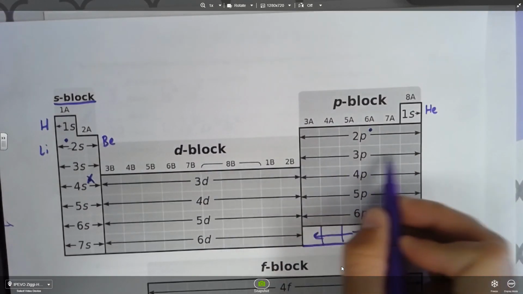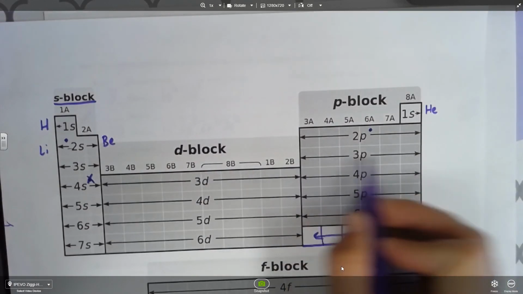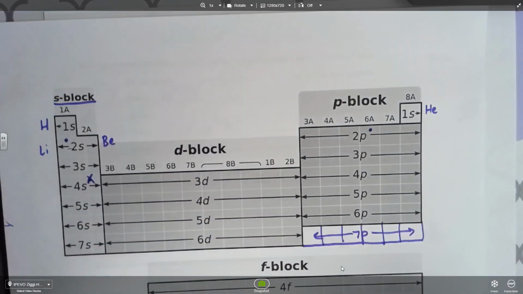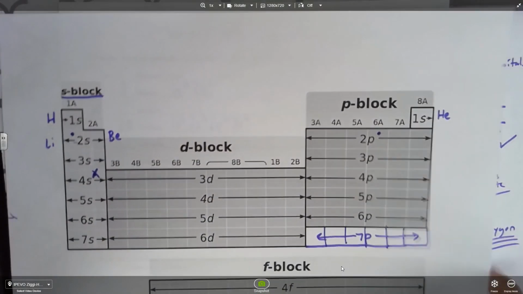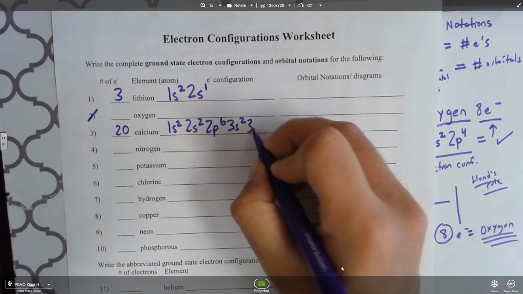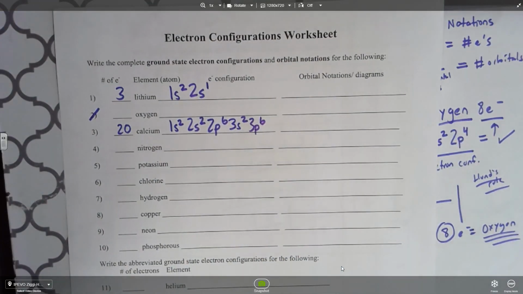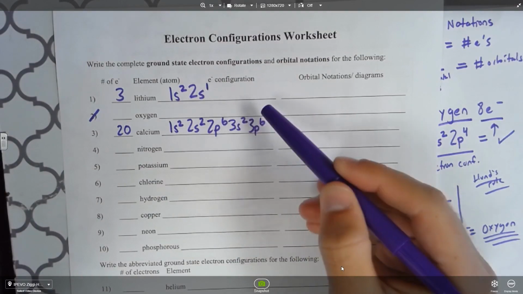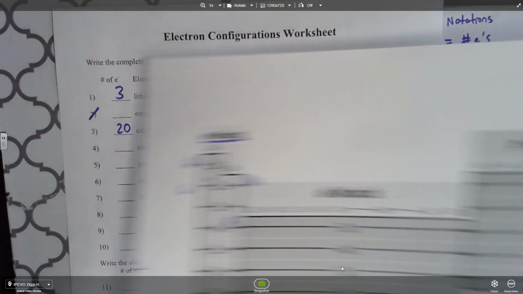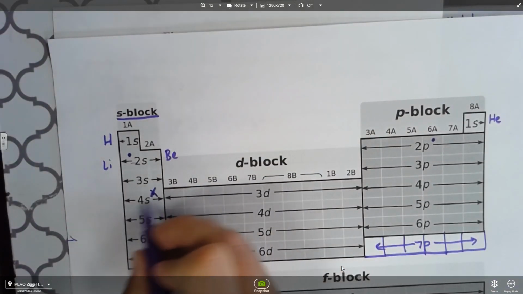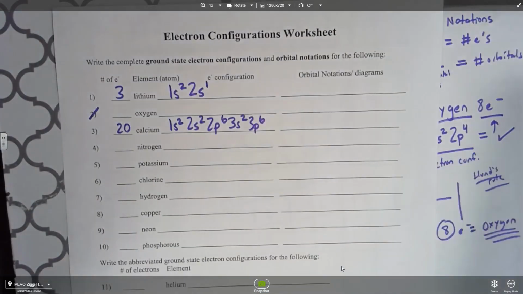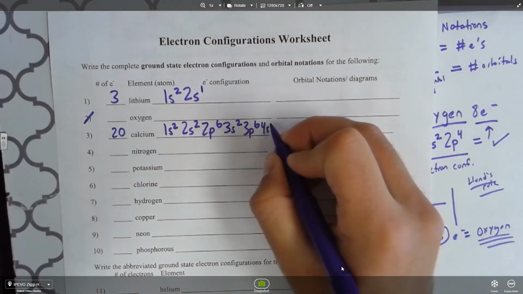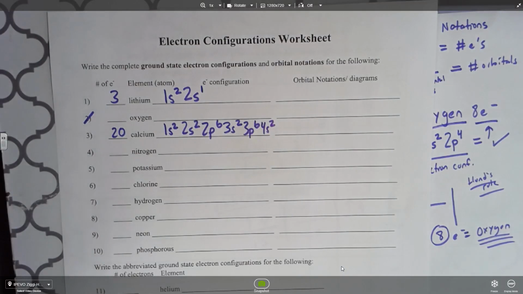There are 6 elements in 3p, and we have to cross all of them to get here. So that's going to be 3p6. Now if we add up these superscripts, 2, 4, 10, 12, 18, we need 2 more, and the 2 more are in 4s2. That is the electron configuration for calcium.